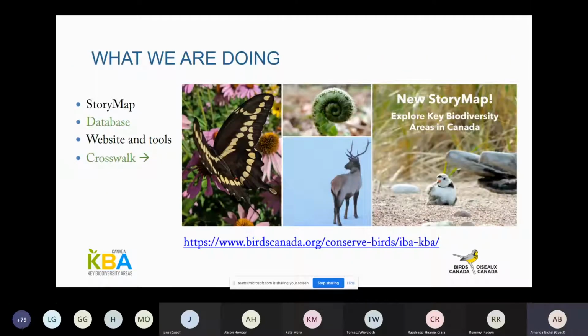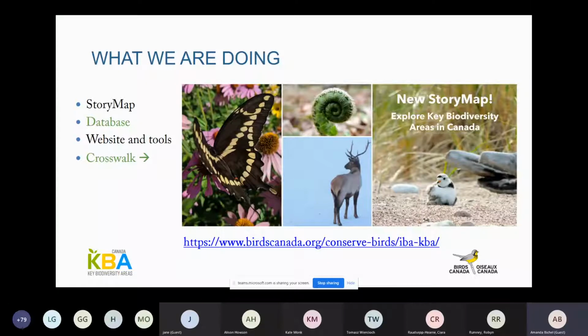So what are we doing in regards to KBAs? Last year we made this story map. If you haven't seen it, check it out. There's the link to view it. We are working on the database in the background with WCS and NatureServe to put all our databases together.